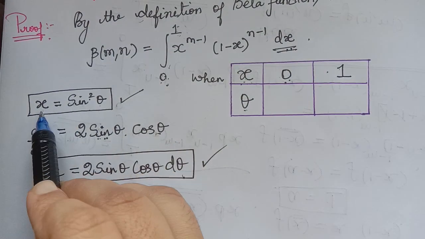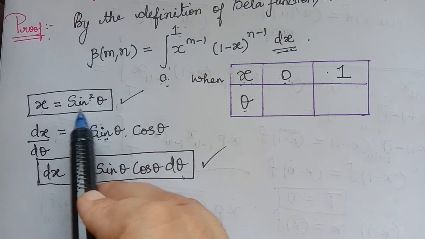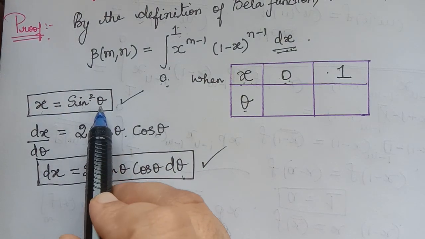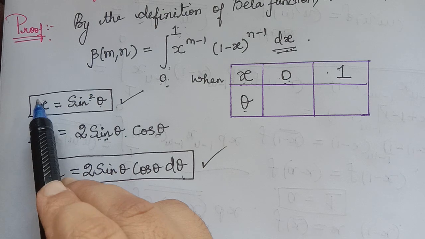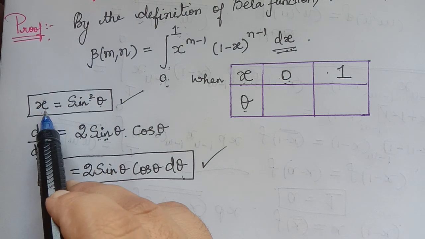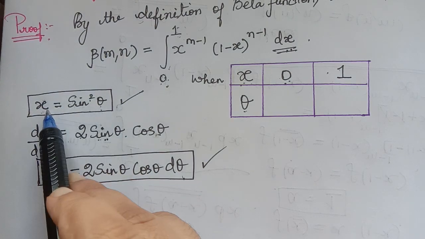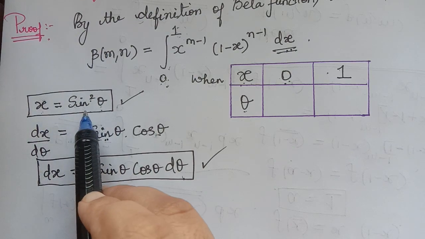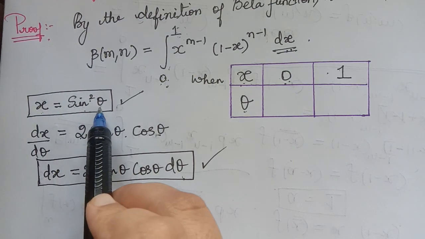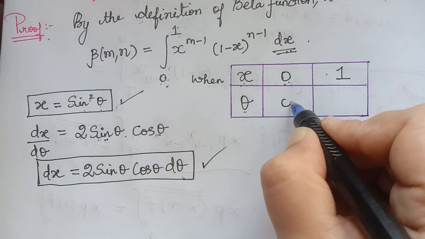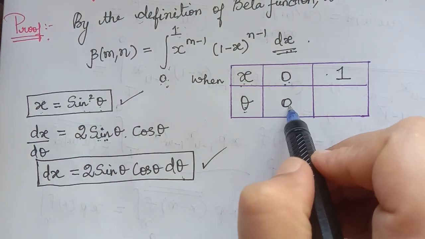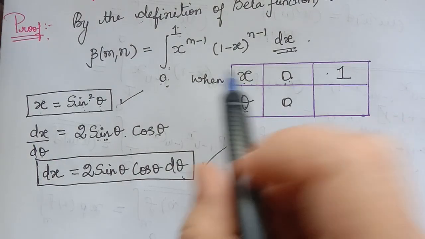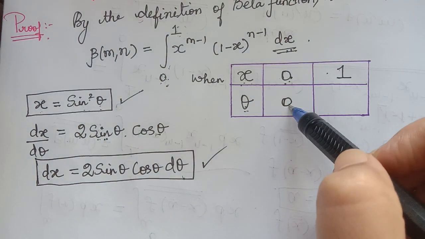When this value is 0, for which angle of sine do we obtain 0? For sine 0, we obtain 0, and therefore in order to obtain 0, the value of theta should be 0. So that is why I have written 0 over here.